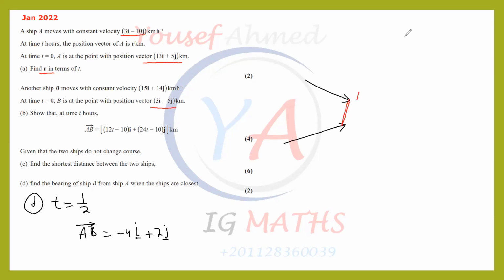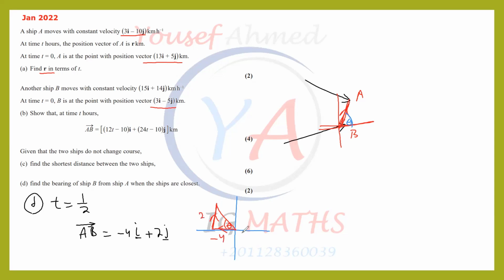Let's see on the grid how this vector will be represented. It will be negative 4i and then 2j, so it will be in the second quadrant.